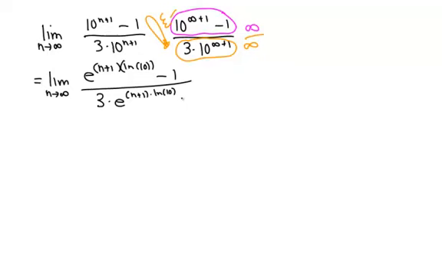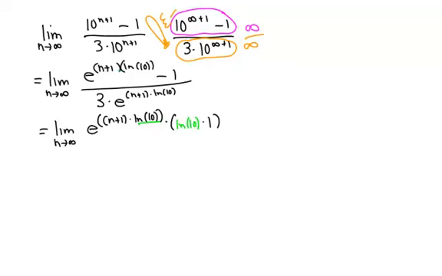And now I can hit it with the L'Hopital stick. So if we differentiate the top, the derivative of e to the blank is e to the blank times the derivative of the blank. The blank is (n plus 1) times ln of 10. The derivative of that, well, remember, ln of 10 is a constant, so it's just going to come along for the ride. The derivative of n plus 1 is 1.